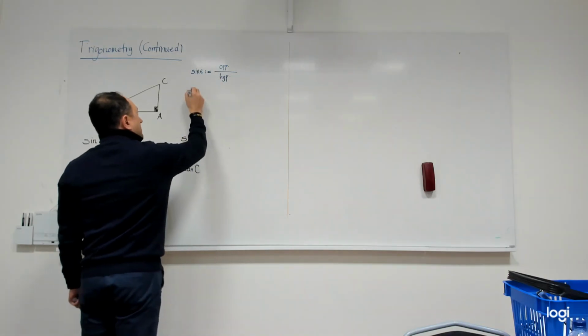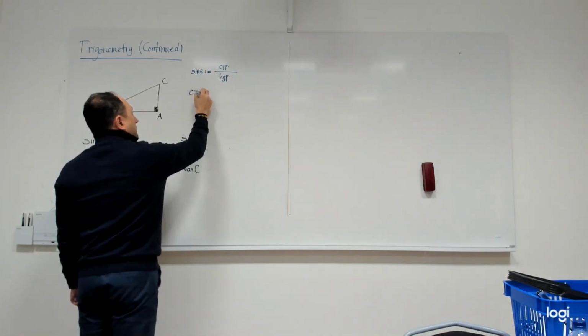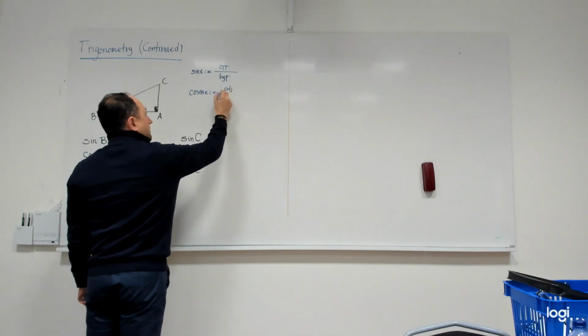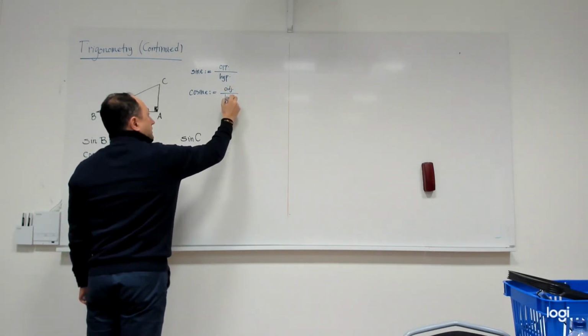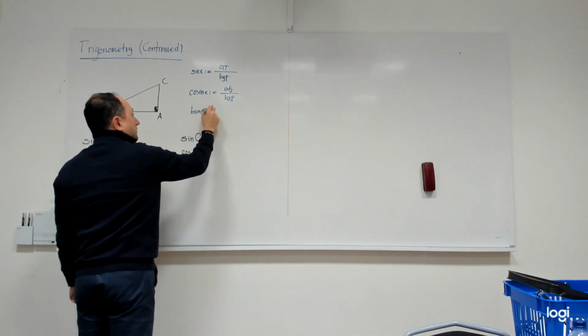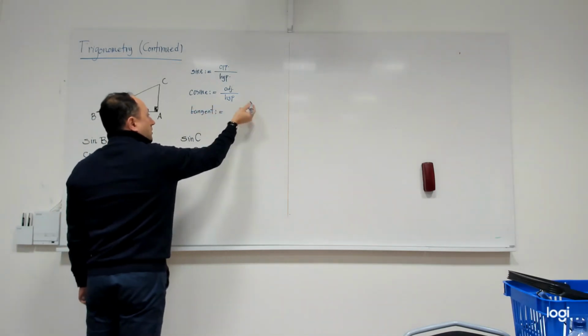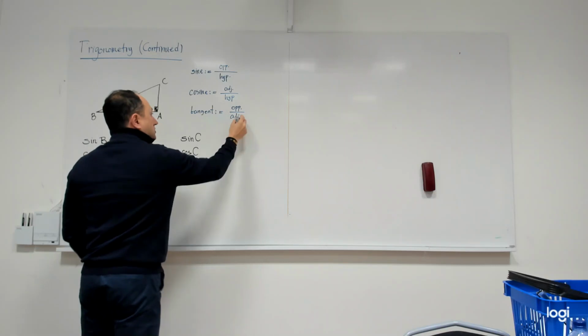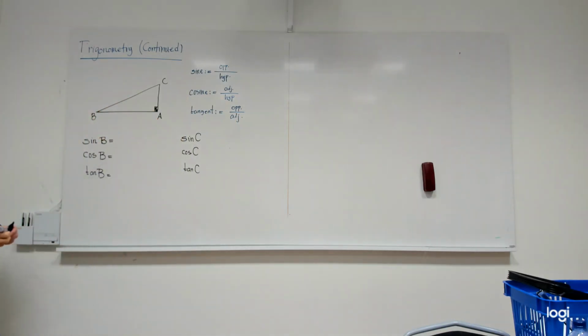And then what was the definition for cosine? Cosine was the adjacent one, if you remember, divided by the hypotenuse. And tangent was defined to be the opposite side divided by the adjacent side. Yes? So that is what we had before, for sure. This is important to remember.